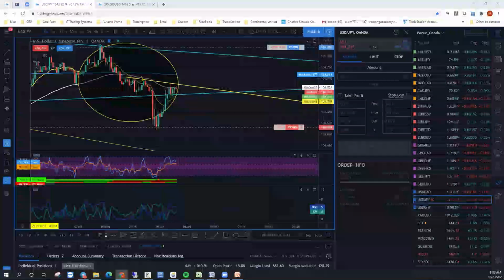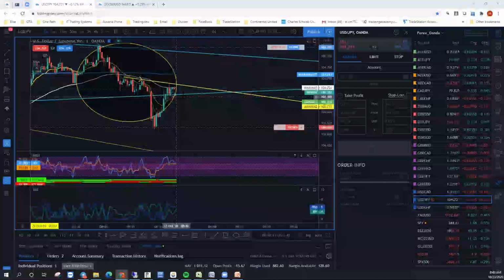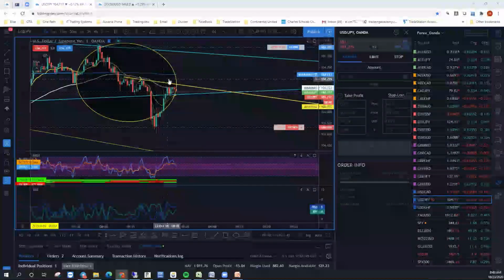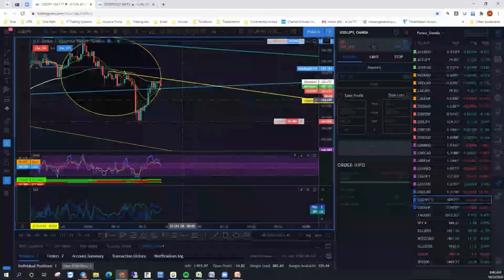That was a pretty dominant break. Let's see what's going to happen here. If it breaks to the upside off of this trend, you have a little bit of an upside down head and shoulders pattern right here, and then it could go to the upside. But right now we'll just have to wait and see what it does.